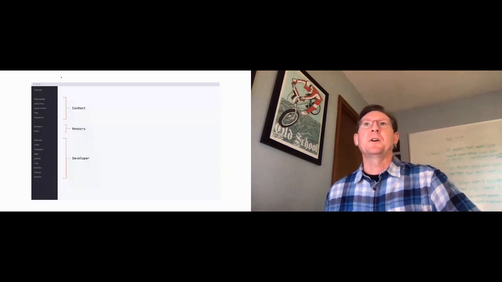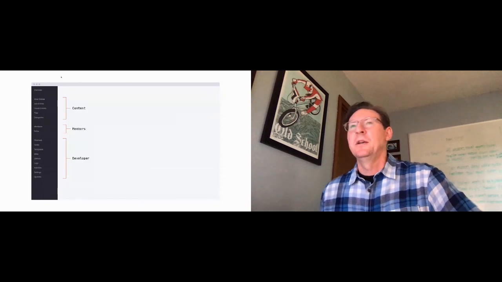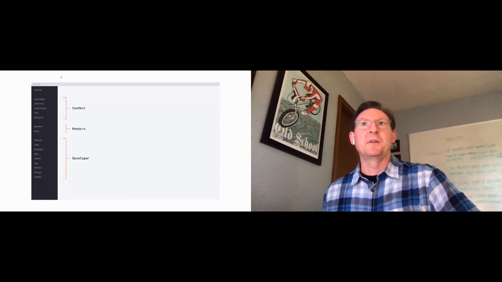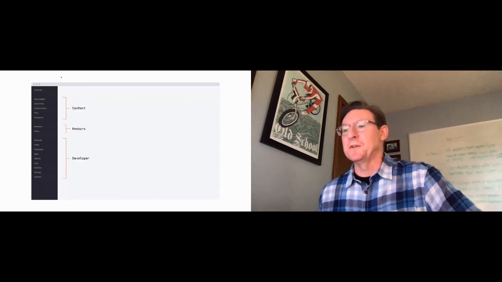So we took the next step, and we tried to organize these different targets into buckets. So we came up with a content bucket, a members bucket, and then a more developer-focused tools and utilities bucket. And this is definitely better than where we were in the previous step.